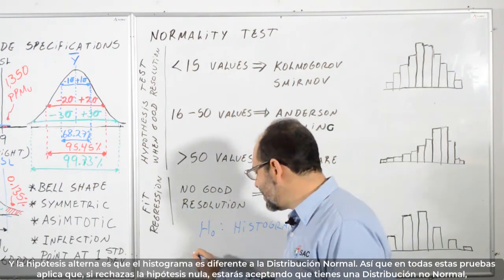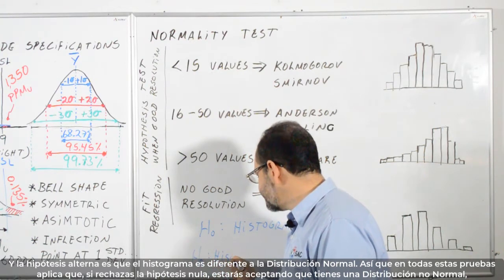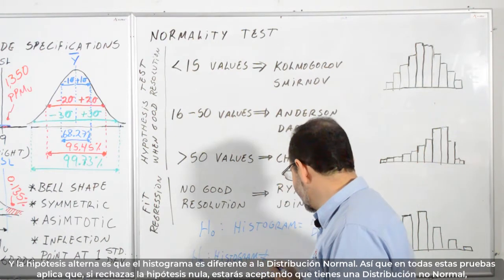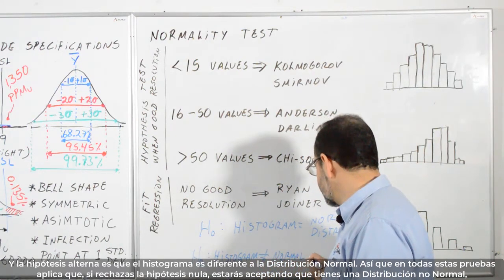And the alternate hypothesis is that the histogram is different from the normal distribution.